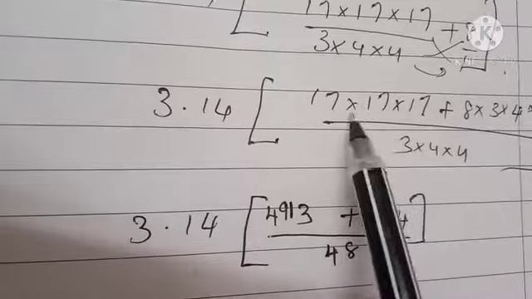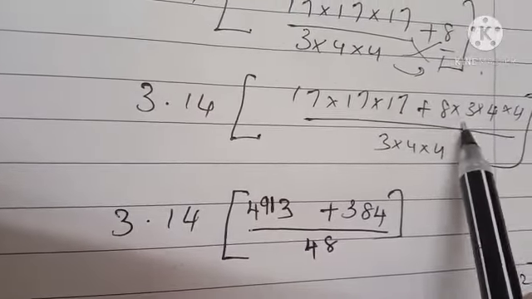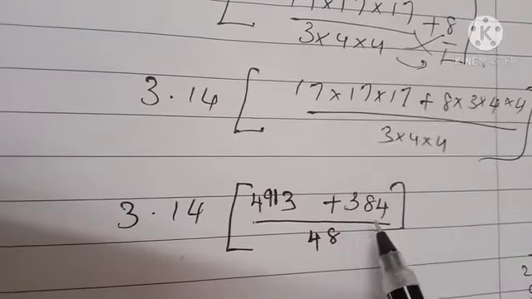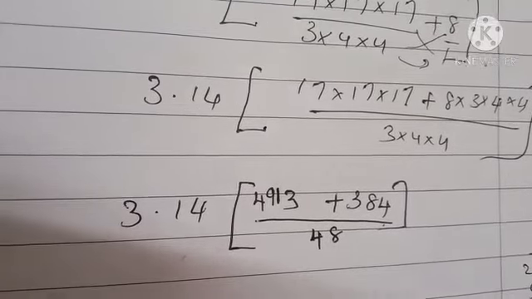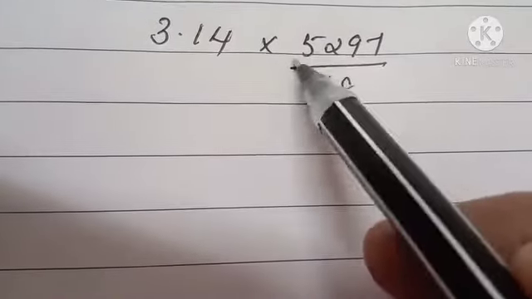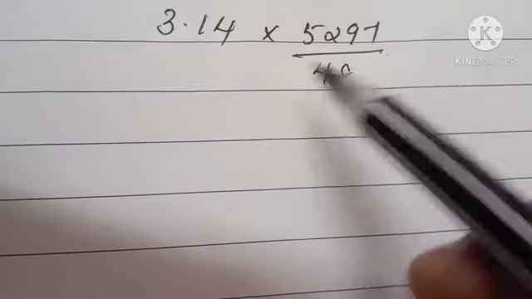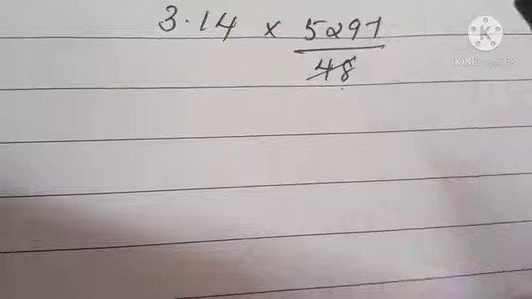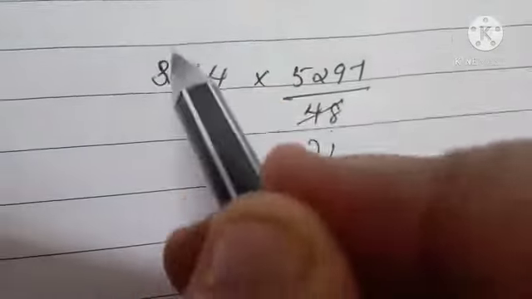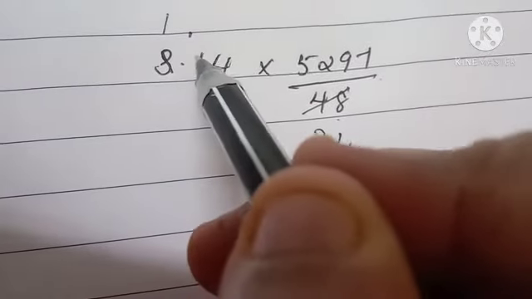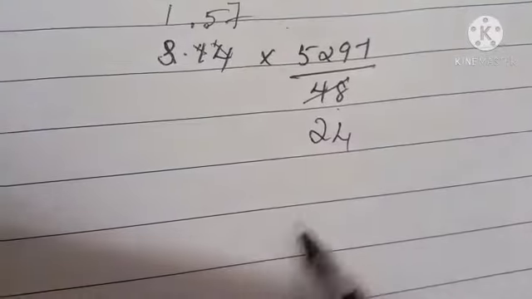Then 17 into 17 into 17 is 4913. 8 into 3 into 4 into 4 is equal to 384. Then 3 into 4 into 4 is 48. So 3.14 into 5297 by 48. We can divide it by 2, that is 24, so 3.14 divided by 2 is 1.57.